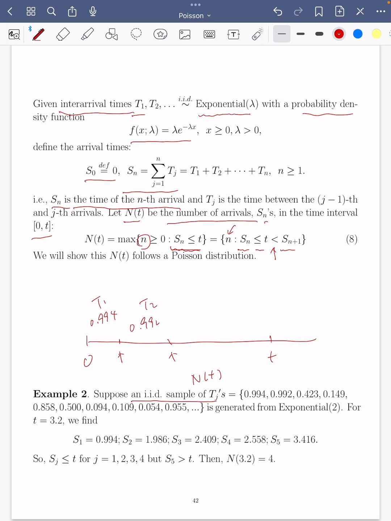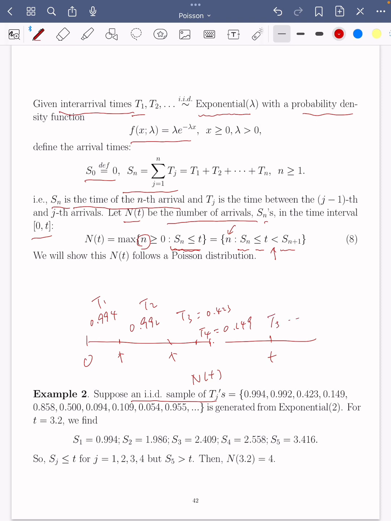And then T3 is equal to 0.423, and then this is T4, which is 0.124149. And then we have T5 and so on.